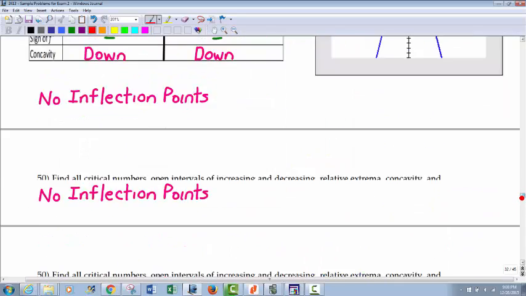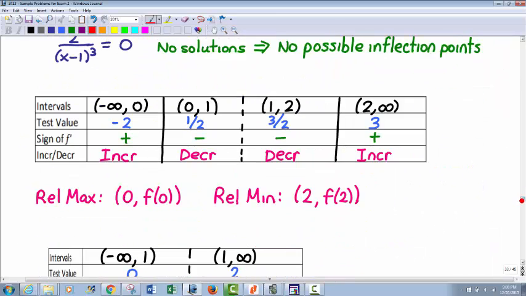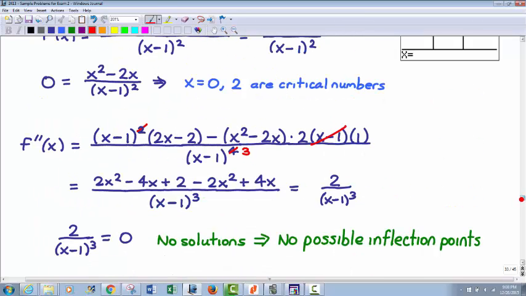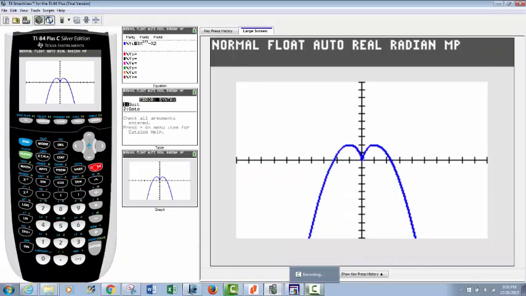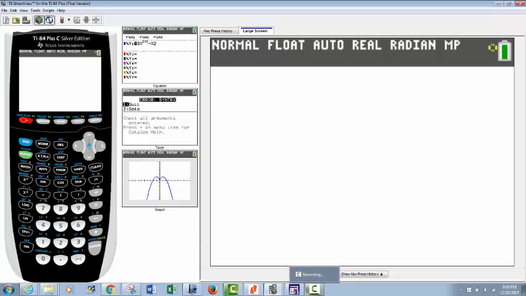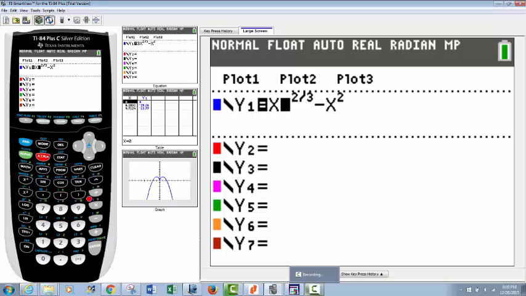Make sure: x squared over x minus 1. Oh, not this mess again. Parentheses.